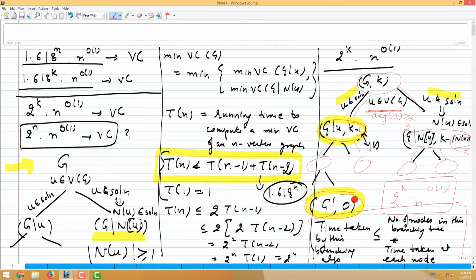You will not have all 2 power k nodes here, because in this branch at max you can have a complete binary tree of depth k minus 1 at max.